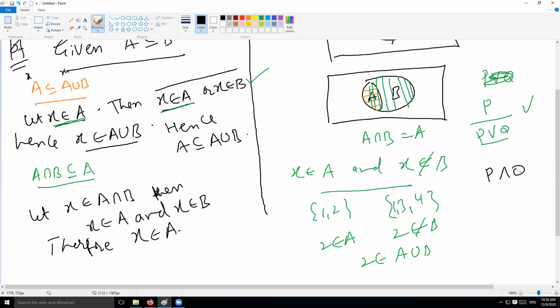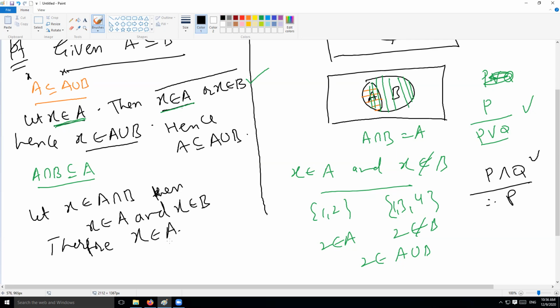That if P and Q is true, you can conclude that P is true. If an AND statement is true, in which both parts are true, that means each part is true actually. So if X belongs to A and X belongs to B, therefore X belongs to A.